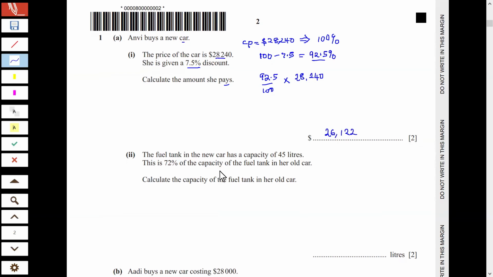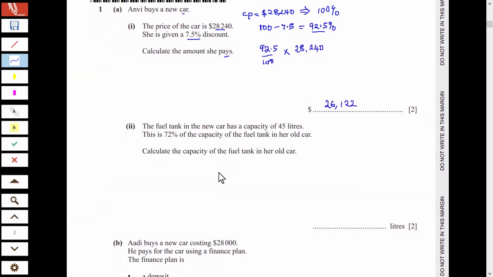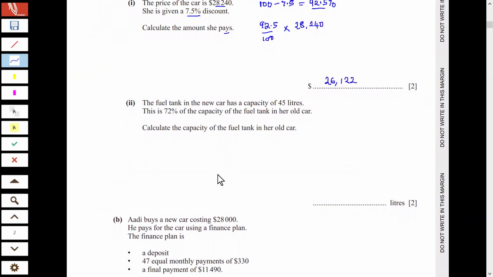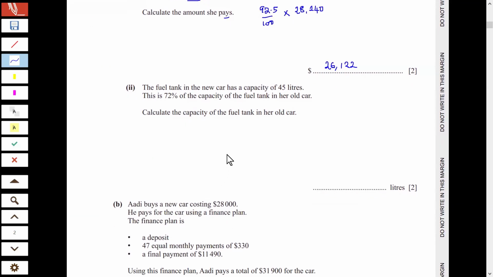Now, the next question: the fuel tank in the new car has a capacity of 45 liters. This is 72% of the capacity of the fuel tank in her old car. Calculate the capacity of the fuel tank in the old car. So the new car has a capacity of 45 liters.